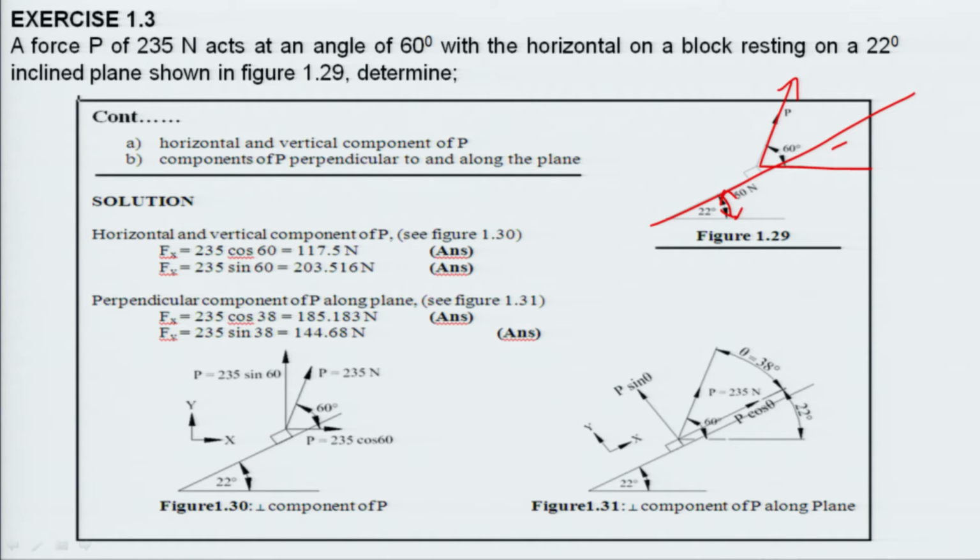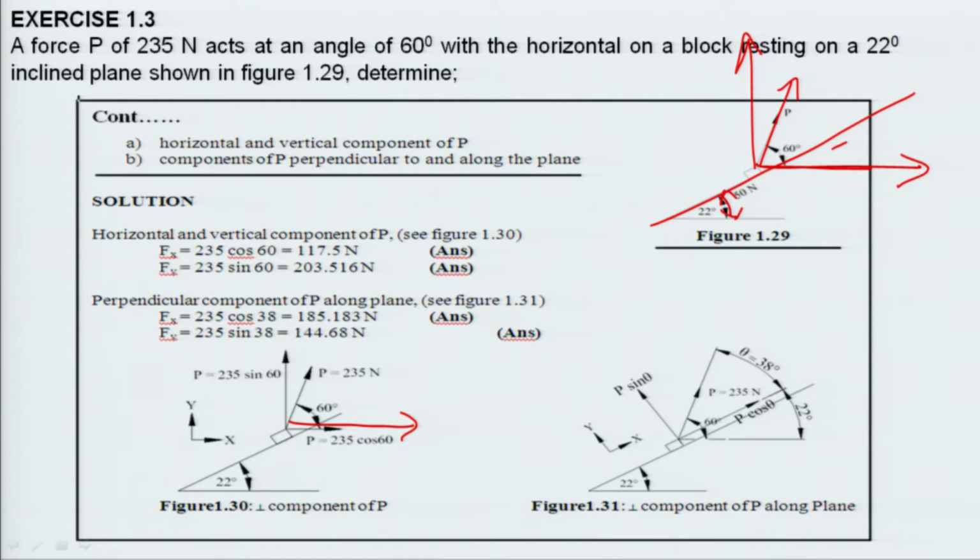What do we need to calculate? We need to calculate the horizontal and vertical components of P. How will they be calculated? This one component and this one component. Here the horizontal component is calculated. What will be the value?